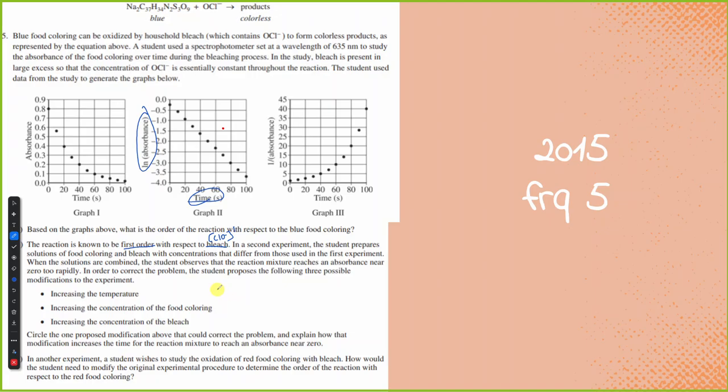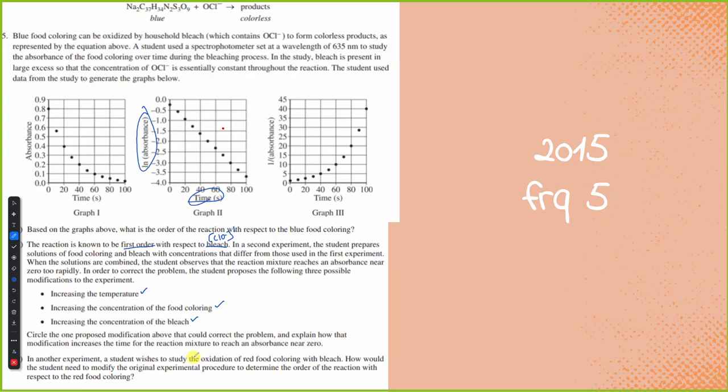When the solutions are combined, the student observes the reaction mixture reaches an absorbance near 0 too rapidly. In order to correct the problem, the student proposes the following 3 modifications: increasing temperature, increasing the concentration of the food coloring, increasing the concentration of the bleach.